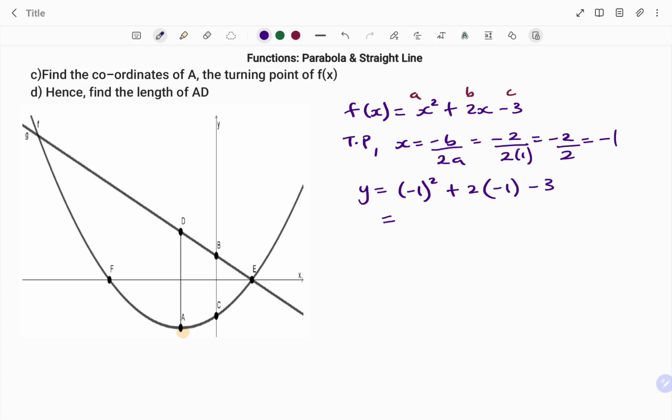If we simplify, -1 squared is 1, minus 2 minus 3, and that will give us -4. So the coordinates of A are x is -1 and y is -4. So we have -1, -4.